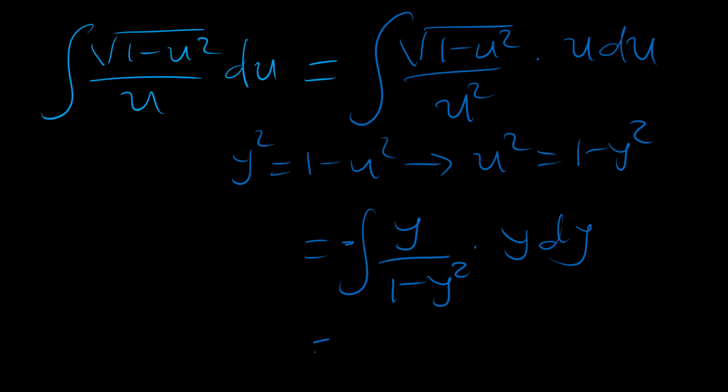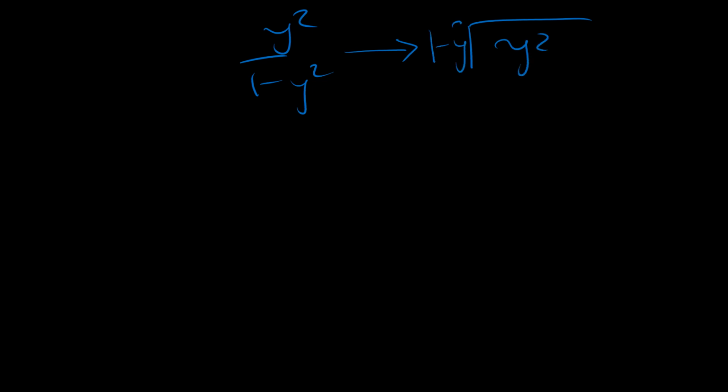So now we get the integral of negative y squared over 1 minus y squared dy. So what is y squared over 1 minus y squared? That's the same as, if we have y squared and 1 minus y squared, negative 1, we get negative y squared plus 1 minus 1.